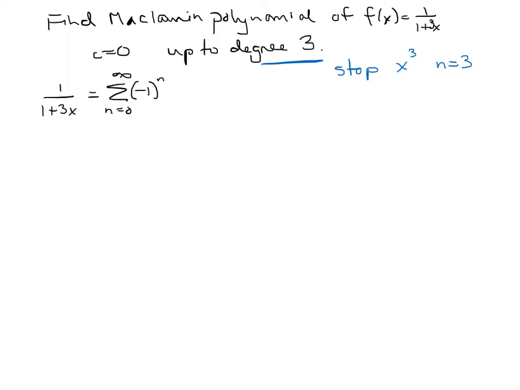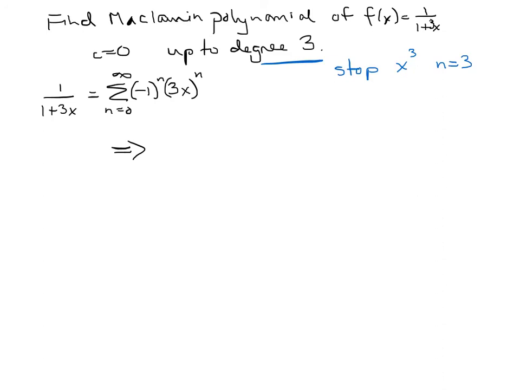But we don't just have x, we have 3x, so that would be 3x to the n. Now we want to do this up to degree 3. So for the Maclaurin polynomial, we'll start plugging in numbers, but we will end when n equals 3.